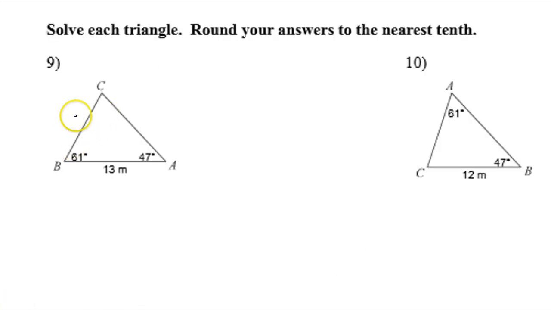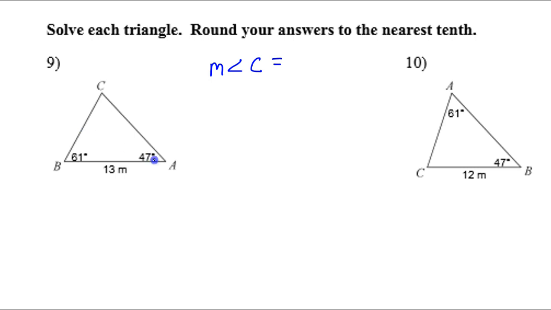So when we talk about solving the triangle in problem number 9, there are three things that we need to find. We need to find the measure of angle C. We need to find side, well, I'll call it side A. I started to say we need to find CB, and that's true, but we should get comfortable with our notation.